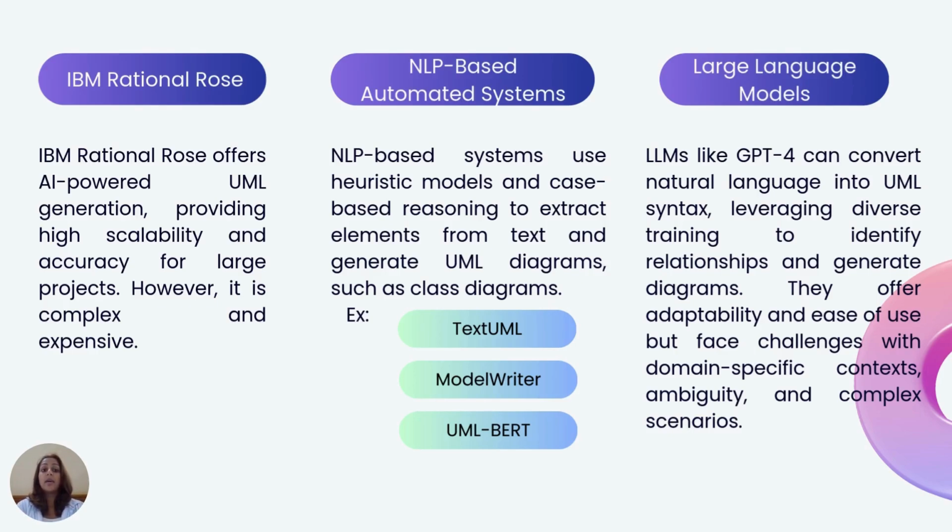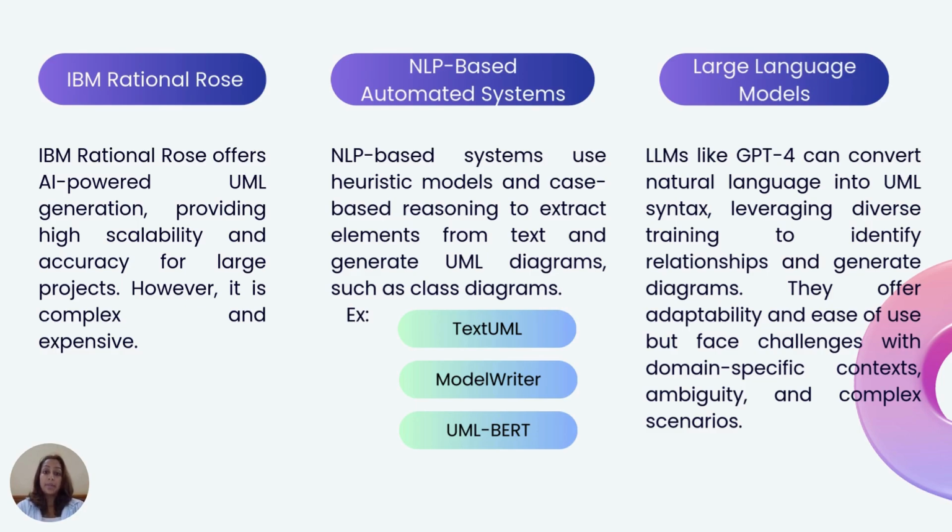Then we have NLP based automated systems, natural language processing based automated systems such as TextUML, ModelWriter, and UMLBERT. These use case based reasoning to extract elements from text and then generate UML diagrams such as class diagrams.